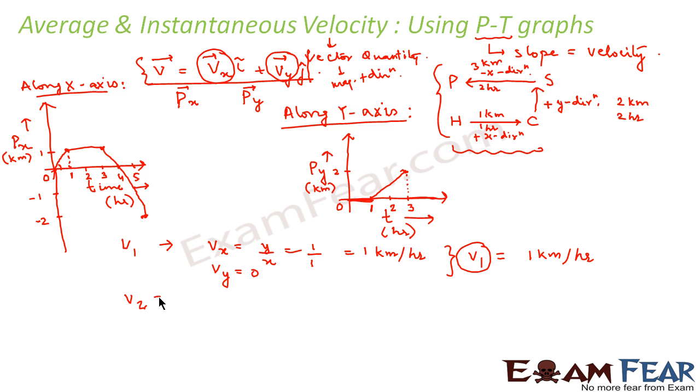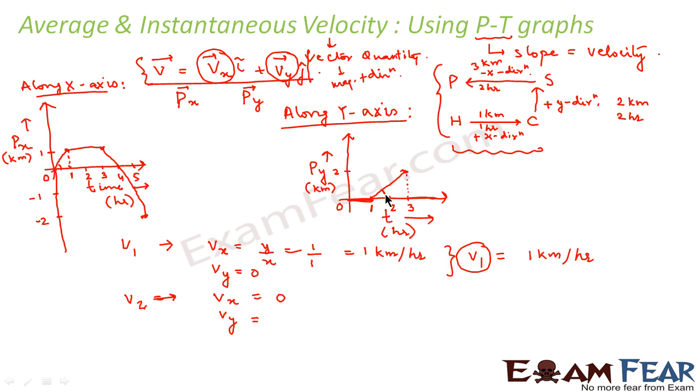Now let us calculate V2, that is the value of average velocity for this motion. In this motion, Vx will be equal to 0 because it is a straight line parallel to the x-axis. And Vy will be equal to the slope of this line, which is y by x.